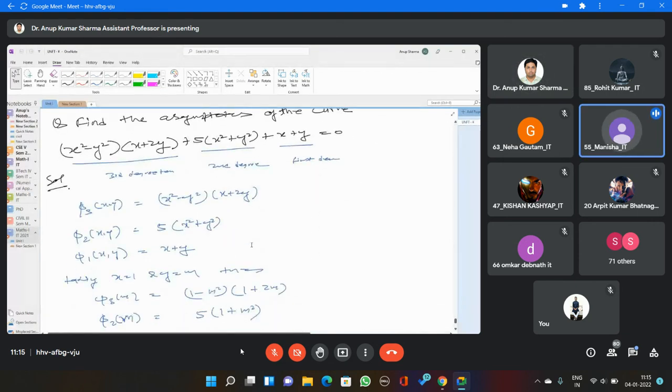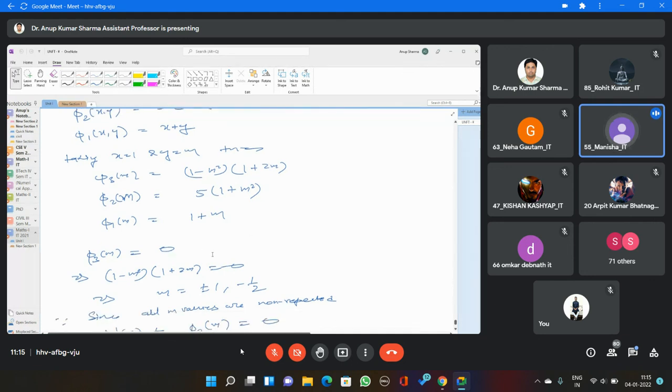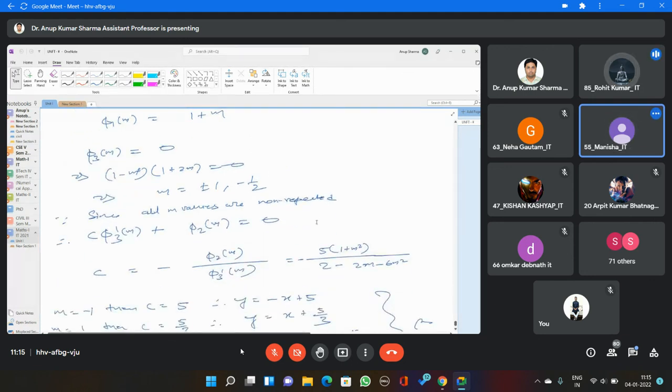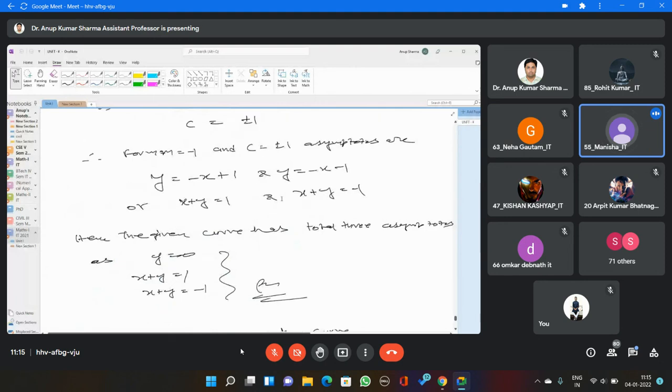When we find the value of c for m equals to 0, where do we find it? Sir, the question prior to this, the previous question. Okay, this one.